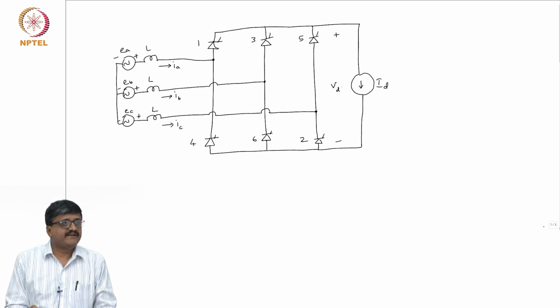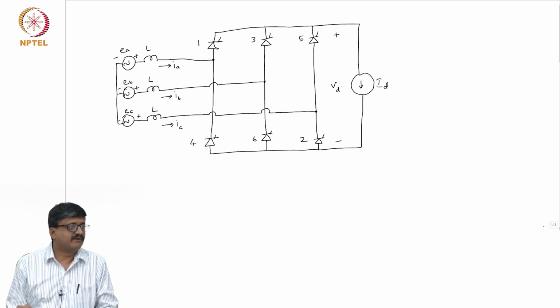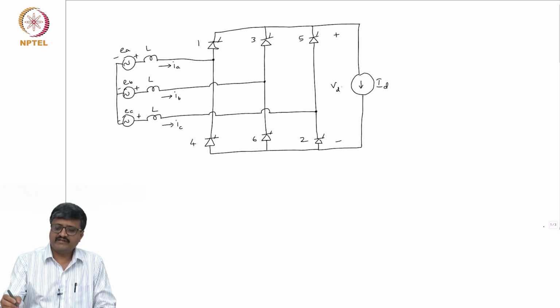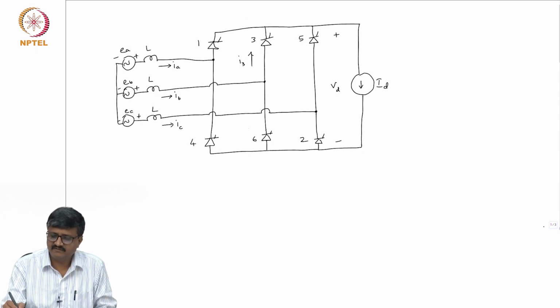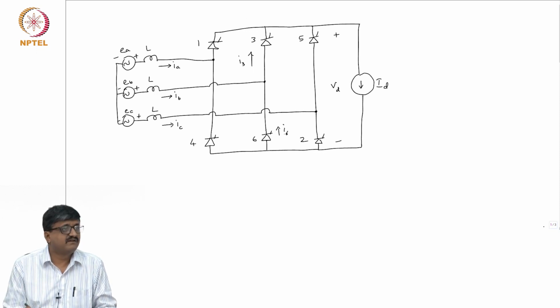IB is a current that flows, or it has a non-zero value, if and only if valve 3 is conducting or valve 6 is conducting. It is either equal to I3 or minus I6.